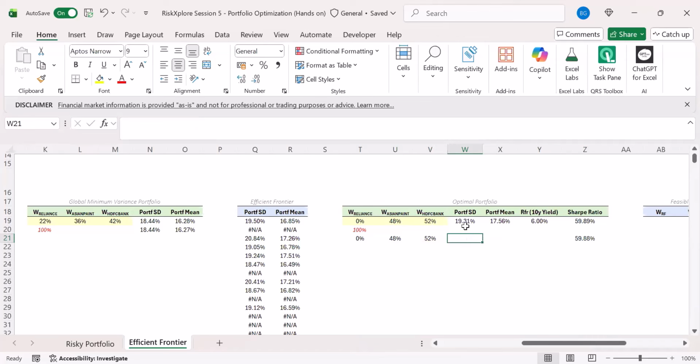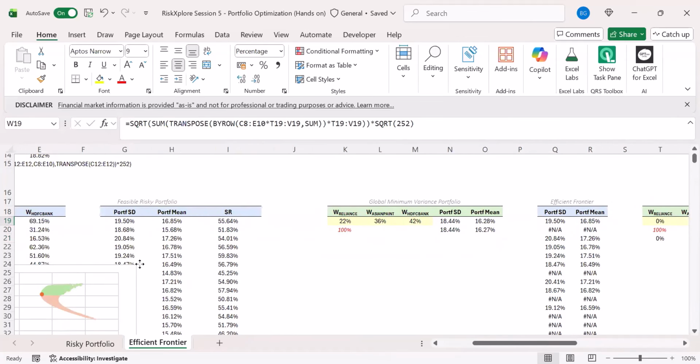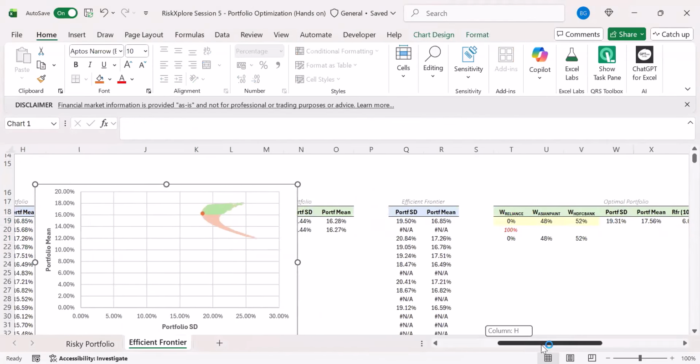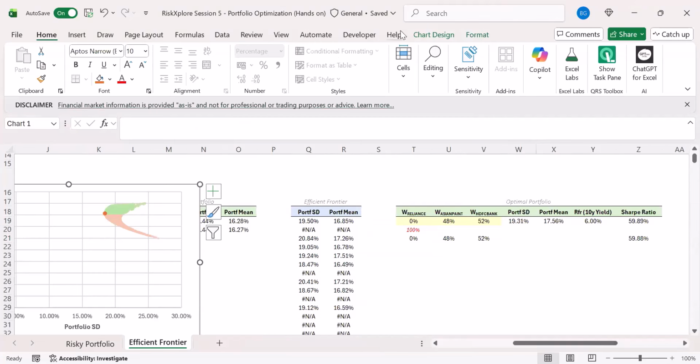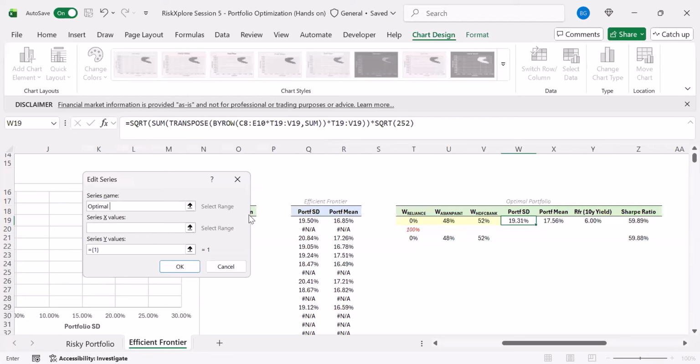So once we have the optimal portfolio, we can plot that optimal portfolio as well here. So we can go to chart design, select data, add, and we can add the optimal portfolio as well. X will be portfolio SD and Y will be portfolio mean.